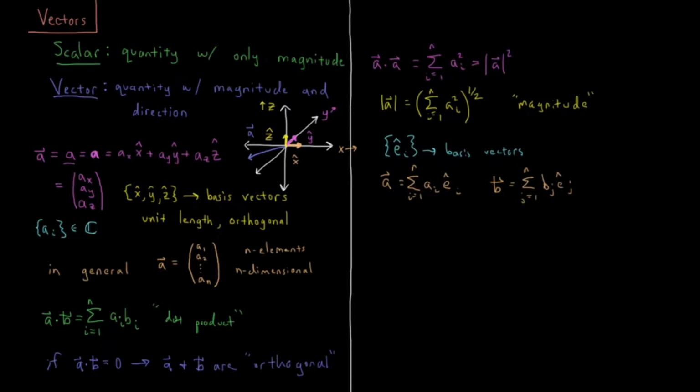All right, so then the dot product of those two, A dot B, is going to equal a sum from i equals 1 to n, sum from j equals 1 to n of A sub i times B sub j, E hat i dot E hat j.